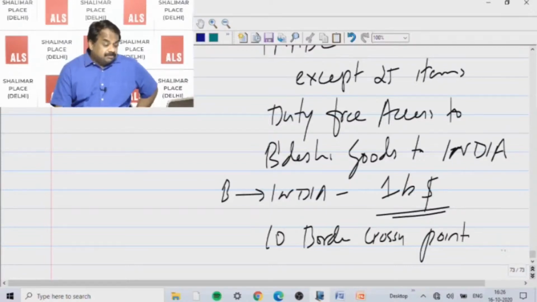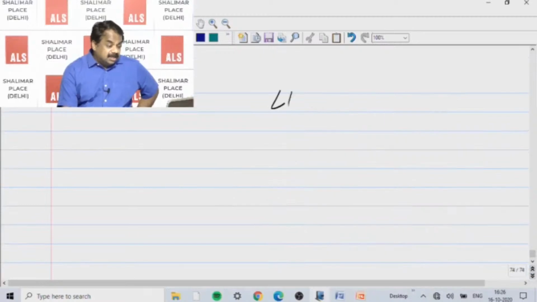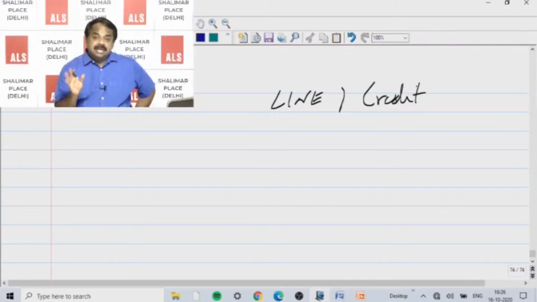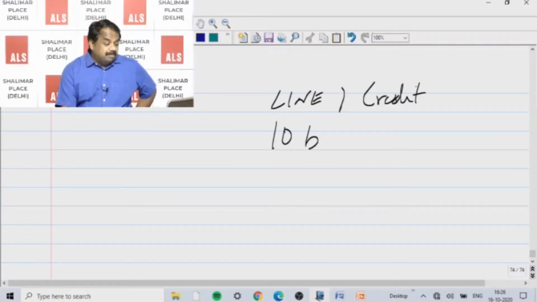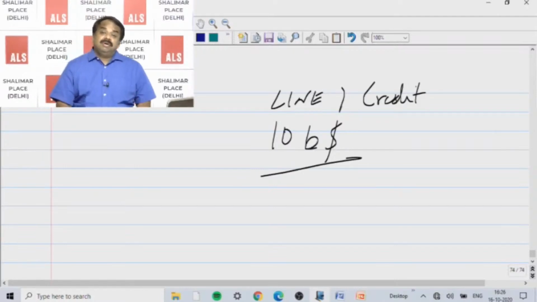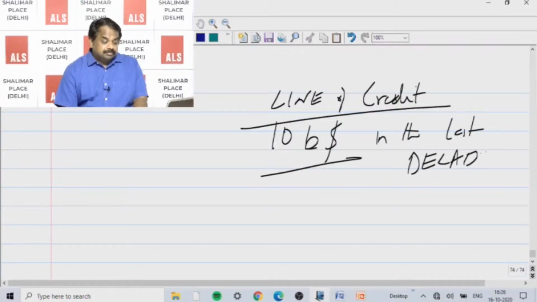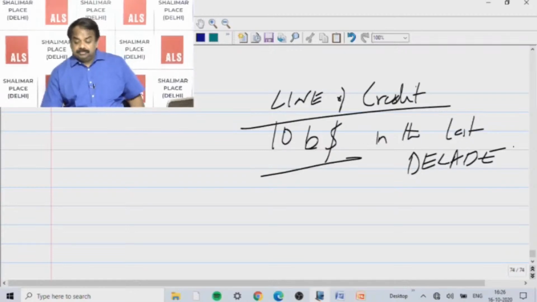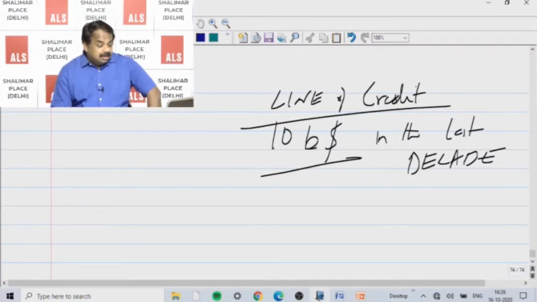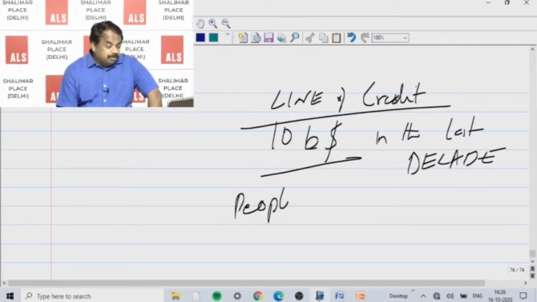And as far as the line of credit is concerned, in the last 10 years India has offered $10 billion. This is the highest with any country anywhere in the world. And the people-to-people contact also is improving.